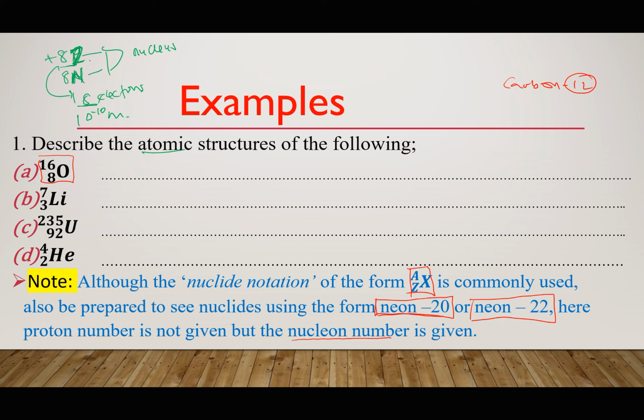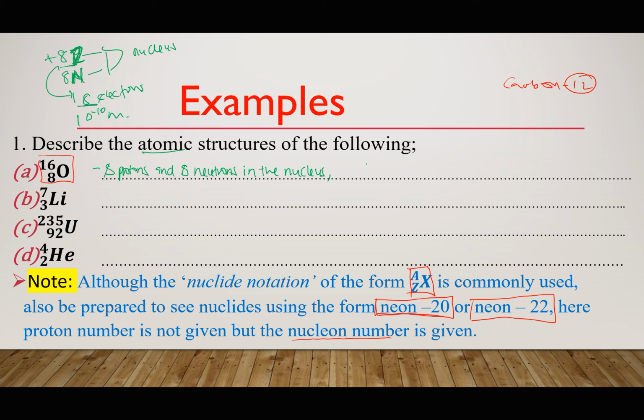So I'll say it has 8 protons and 8 neutrons. These ones reside in the nucleus. That's number one: 8 protons and 8 neutrons in the nucleus.